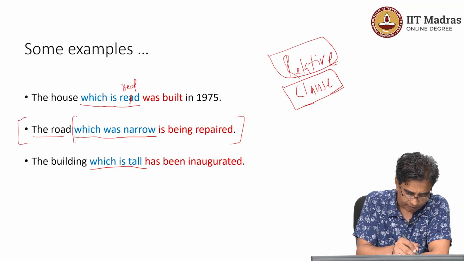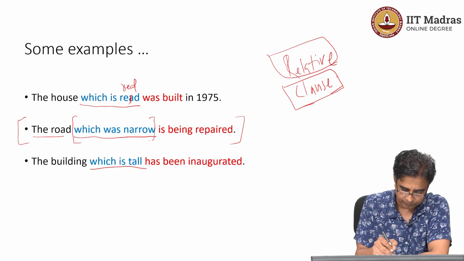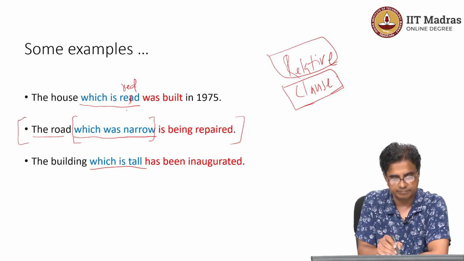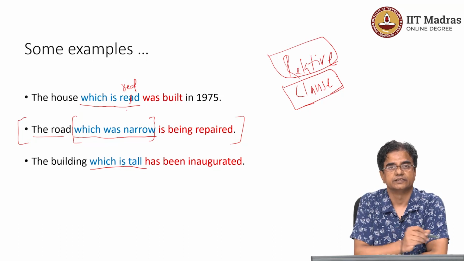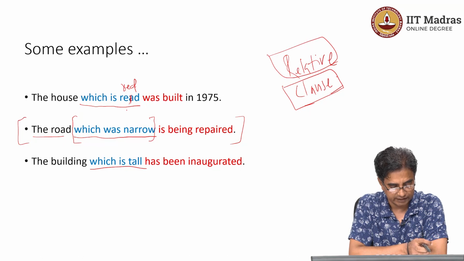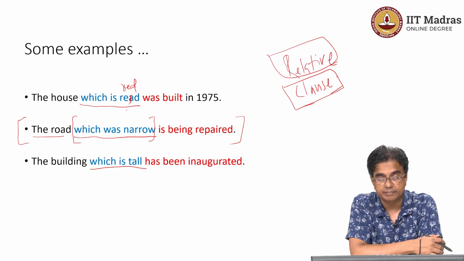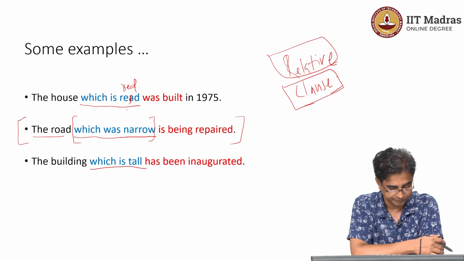If you focus on this part, the sentence is good without this part as well. That is, if you leave this part, the sentence is, the road is being repaired. It's a grammatical sentence, a good sentence.